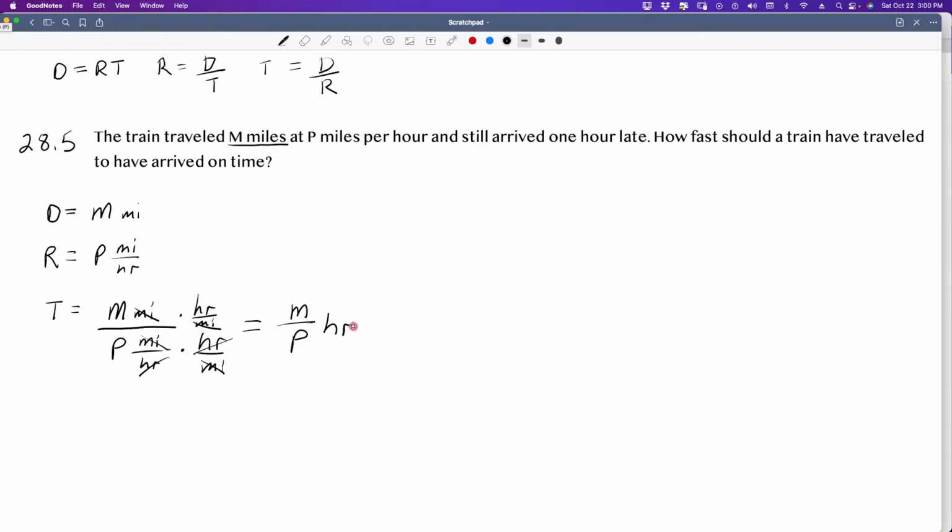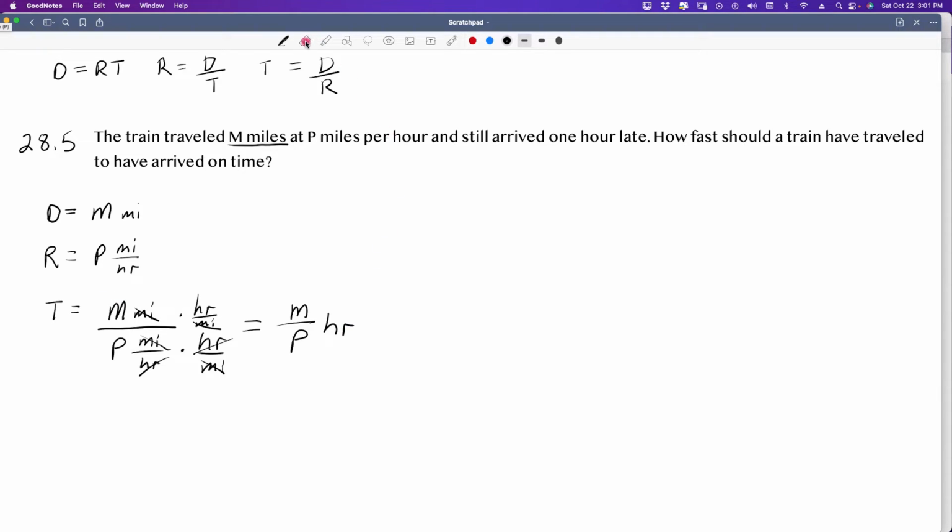That is the time. Okay, that's where we came from. So we just wanted to simplify. That's why we did all of this right here. So m over p hours. Distance over rate is the time. And it makes sense that the unit of measure remaining would be hours because that's the length of time, right?